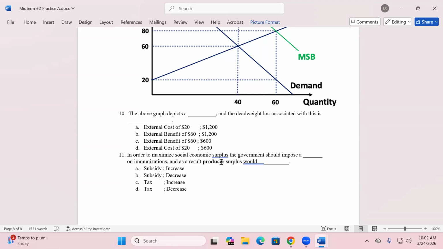Well, if the market stays down here, what am I missing out on? Every unit in this range, the marginal social cost is below the marginal social benefit. So if I don't use the subsidy, here would be my deadweight loss to society. But because I use the subsidy, I get to the efficient quantity. Now my deadweight loss is 0.